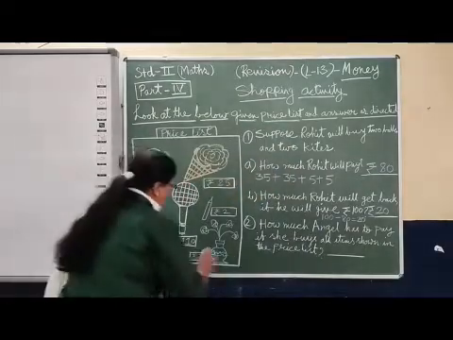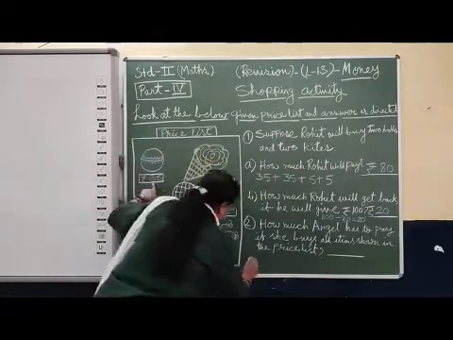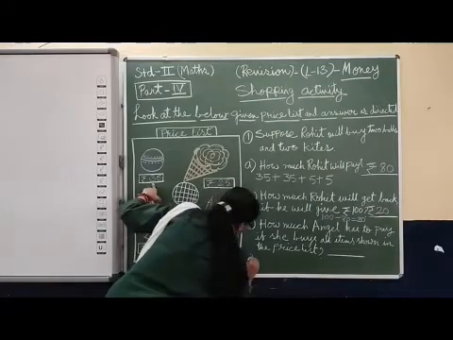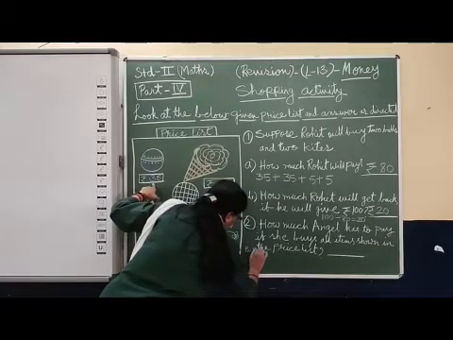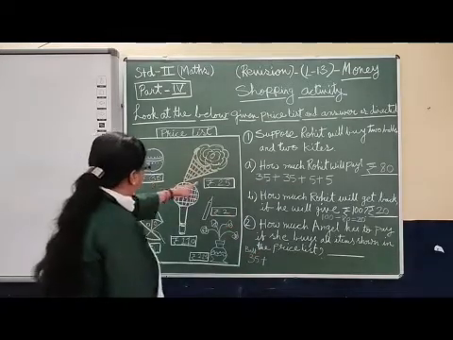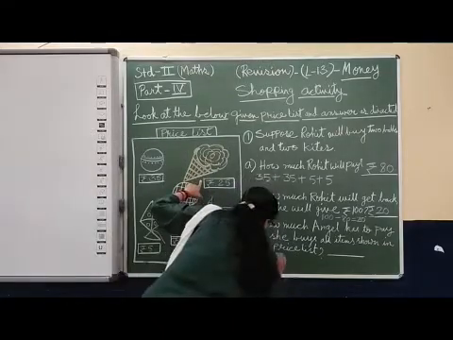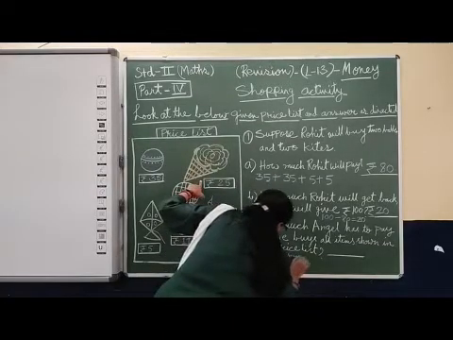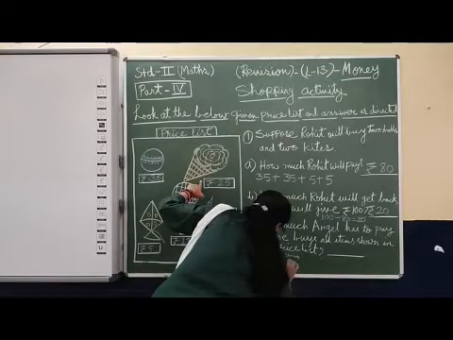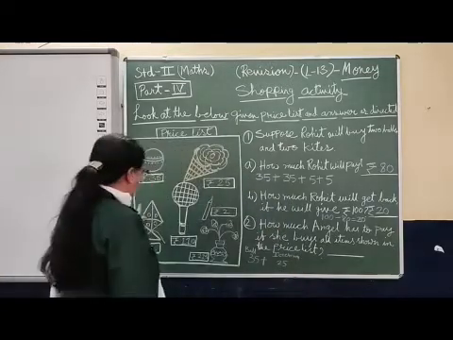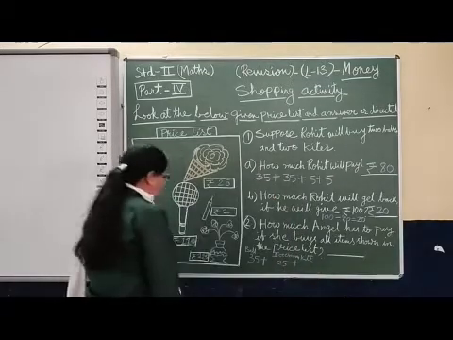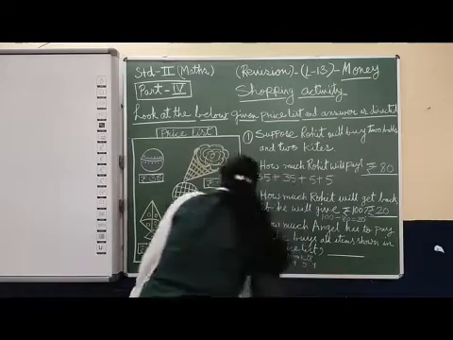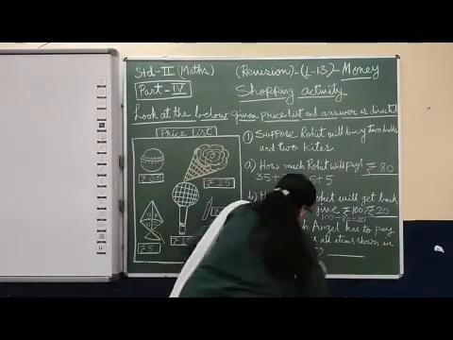Let's count. Ball. What is the cost of the ball? 35. Okay? We will write it as ball 35. Ice cream cone 25. Then kite. What is the cost? 5 rupees. Then racket.